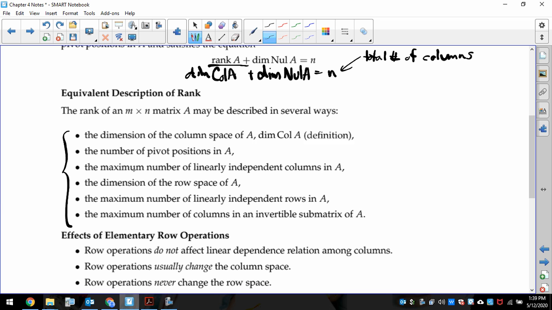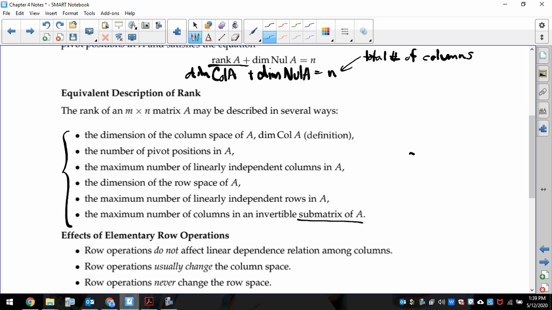So it is the number of linearly independent columns. I don't know if the word maximum here is essential. The dimension of the row space of A, the maximum number of linearly independent rows, and the maximum size of an invertible submatrix. That last one might need a little bit of an explanation.